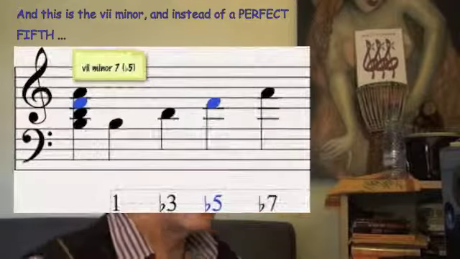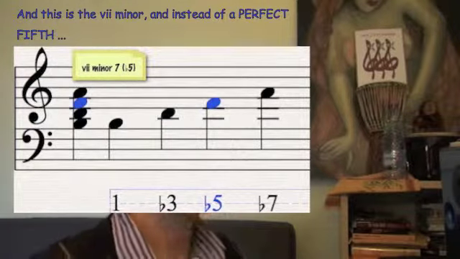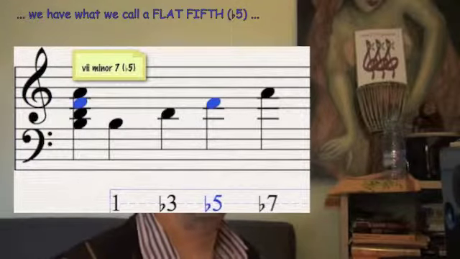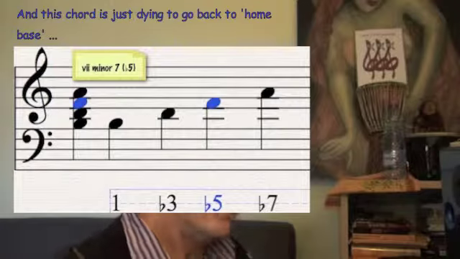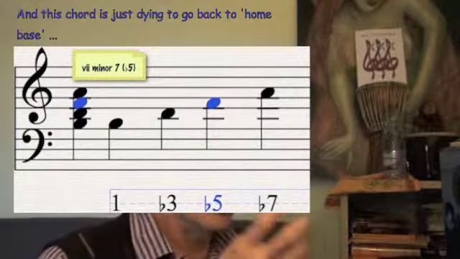And this is the 7 minor, and instead of a perfect 5th this time, we have what we call a flat 5th. And this chord is just dying to go back to home base.